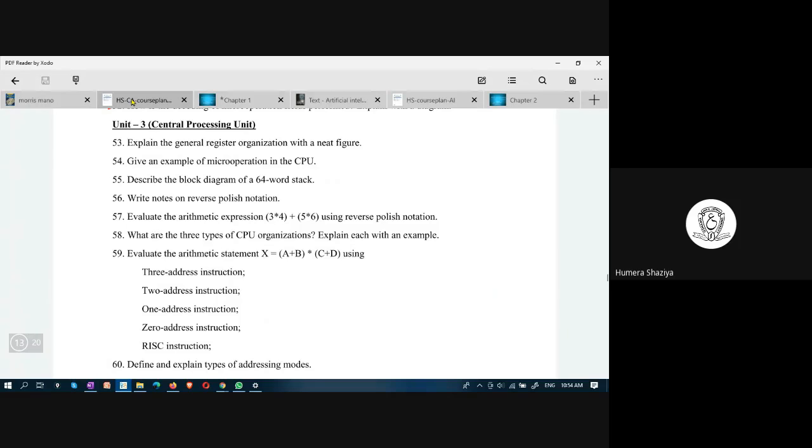Can you write the answer for this? Tell me what is the answer for general register organization with a figure? No one?